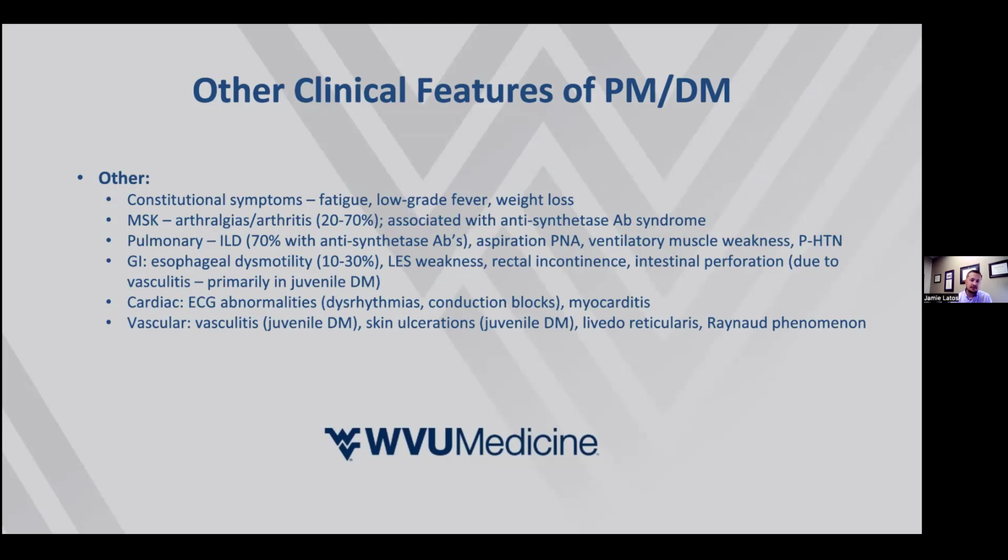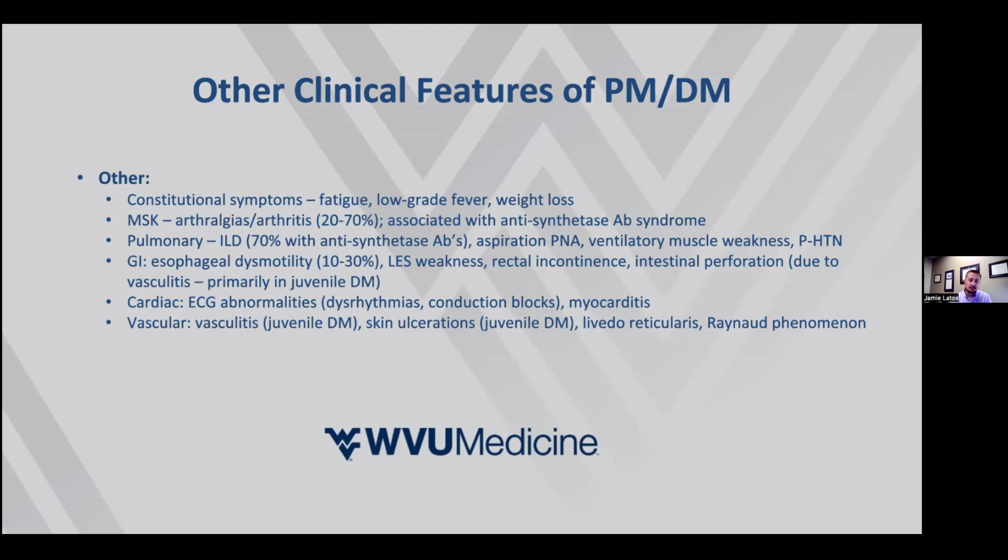Generally, inflammatory myopathies are not the things that are going to cause spiking 103, 104 fevers, but lower grade fevers, 100.4, somewhere in that range. A lot of patients may endorse arthralgia, so they may have some joint pain. There are subsets of people, particularly in the antisynthetase syndrome category, that truly have an underlying inflammatory arthritis.